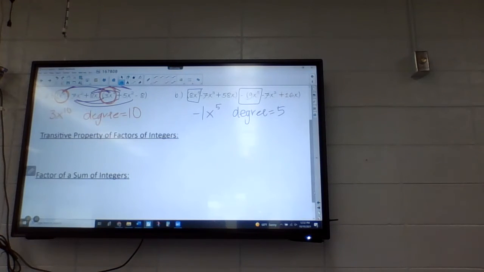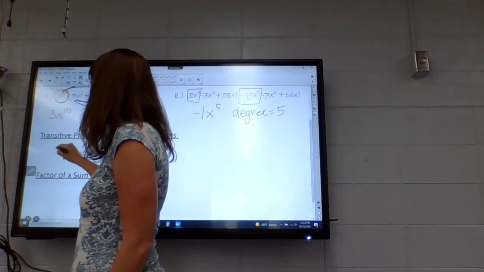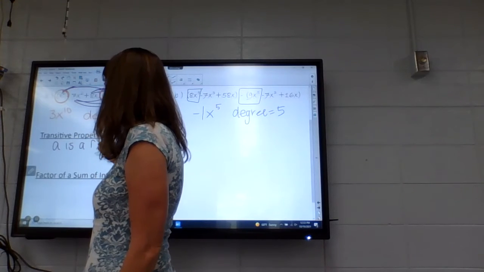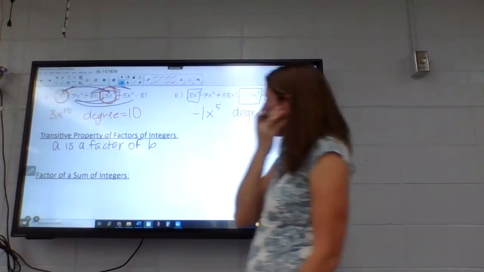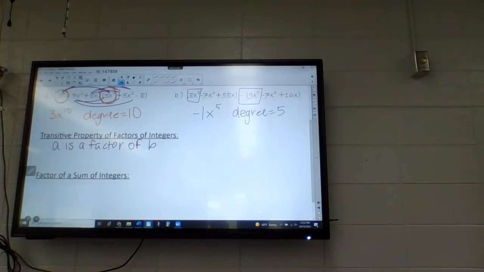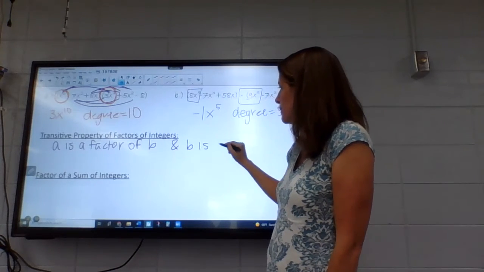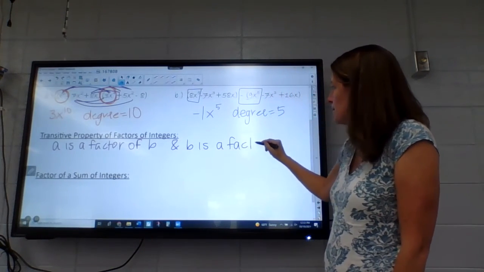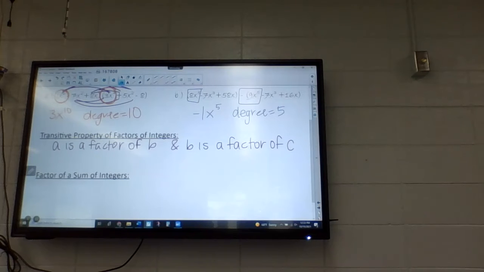So it's basically saying, if A is a factor of B, like 3 is a factor of 12, and B is a factor of C, like 12 is a factor of 24, what do you think we could conclude from that?